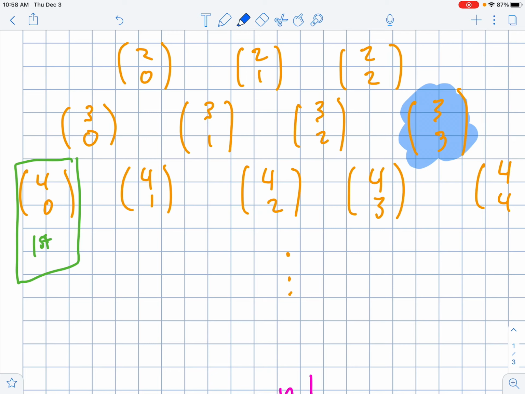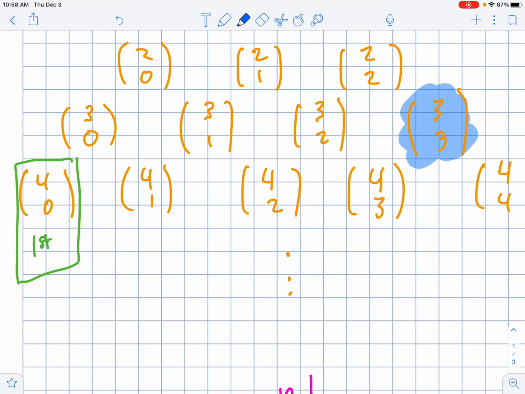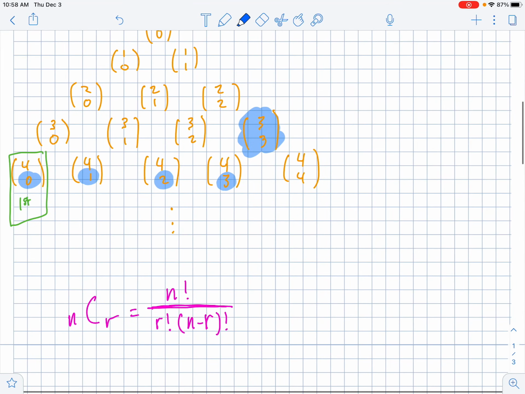If you use 3 as your bottom number, it's 1, 2, 3, 4. So 4 choose 3 is actually the fourth term in (x + y) to the fourth, or the coefficient of the fourth term. So notice that this number is always one behind the term you're looking for. First term is 0, second term is 1, third term is 2, fourth term is 3.